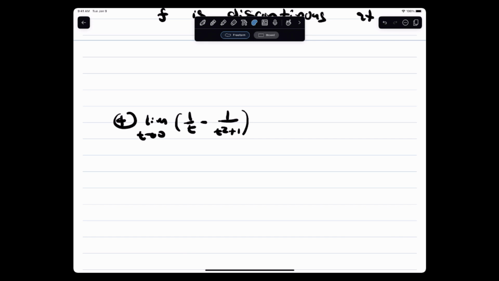T squared plus t. I didn't even copy it correctly. That's why I'm like, wait a minute, this is not right.